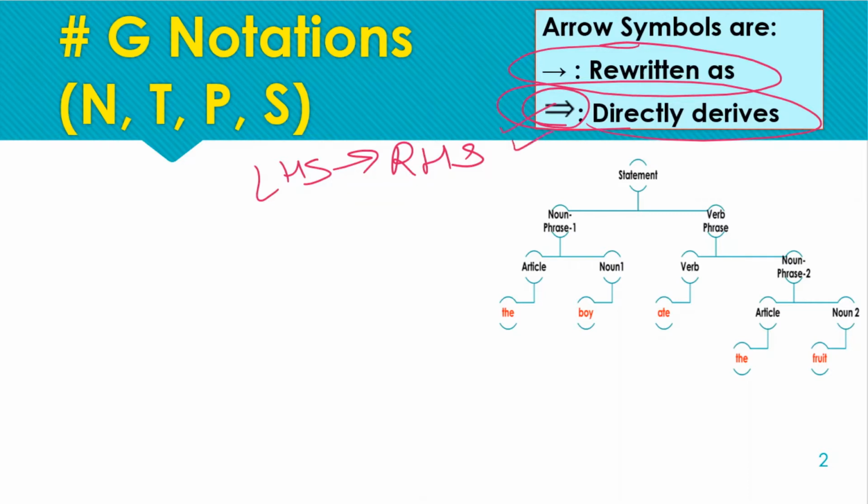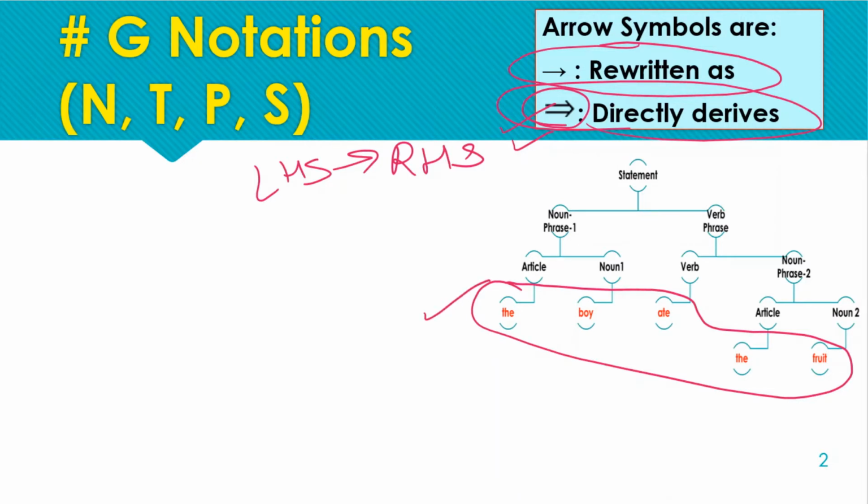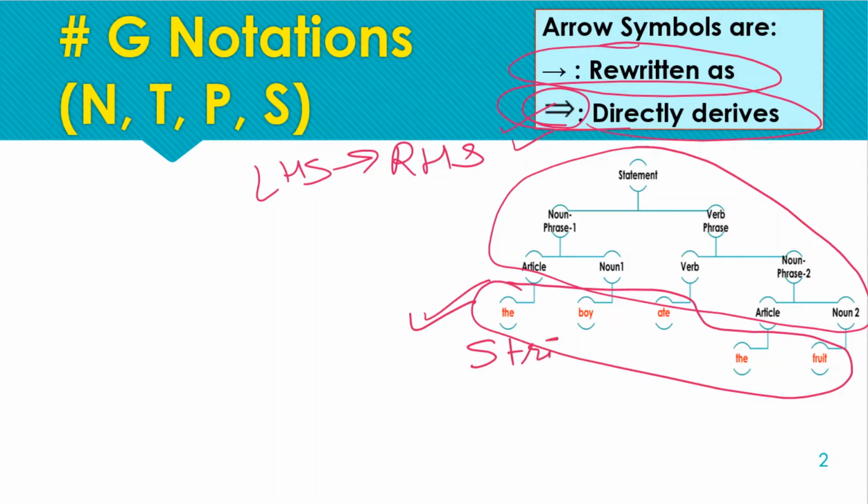In the previous lecture we covered the string "the boy ate the fruit". This was the only string of the grammar, and for this English language sentence we used these production rules, or grammar rules, to derive this particular string of terminals.